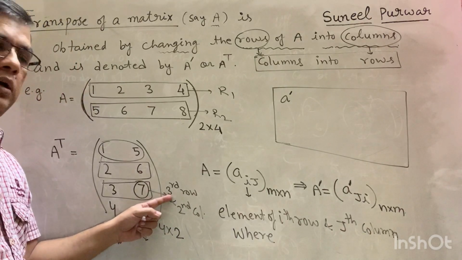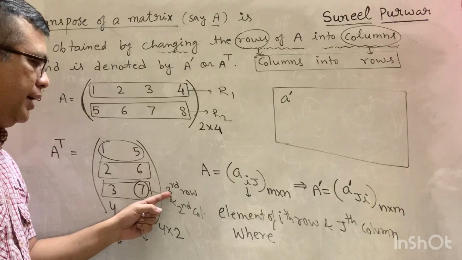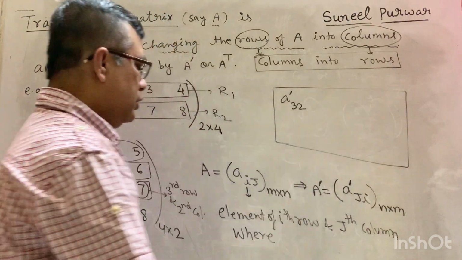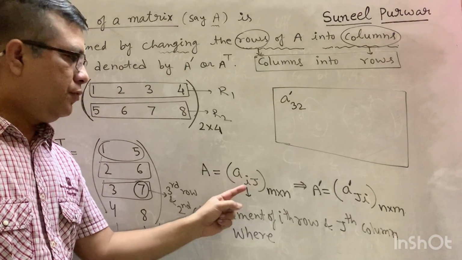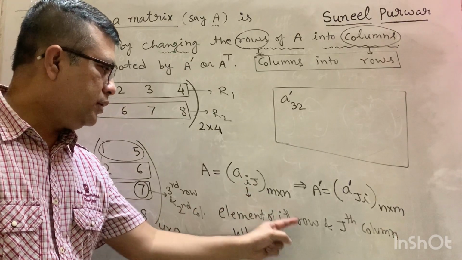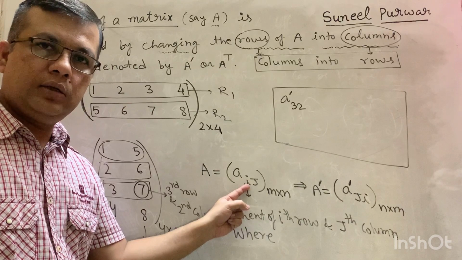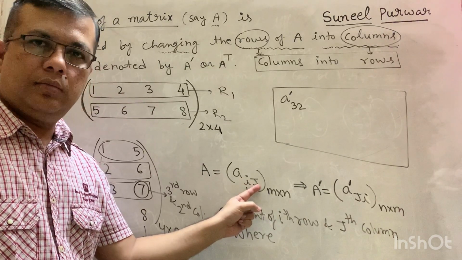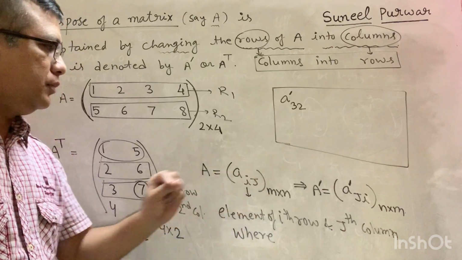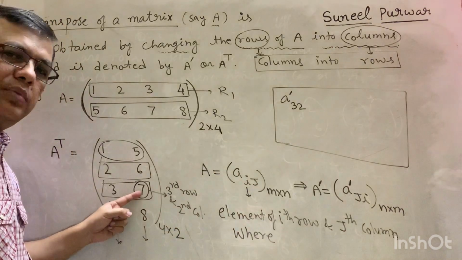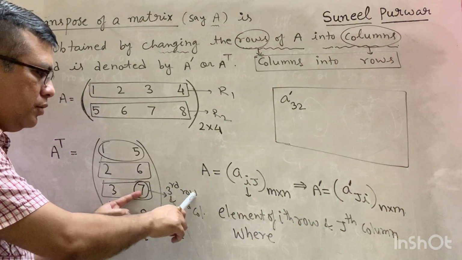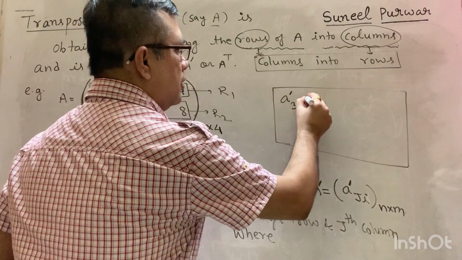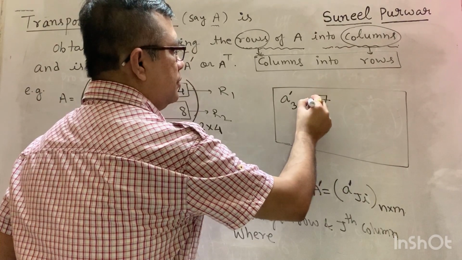So its position will be written as A dash 3 2. Whenever you are writing an element, first you describe its row position, that is, the row it belongs to, and then you mention the column it belongs to. So this number 7 right now belongs to the third row and second column. So this is A dash 3 2, and its value is 7.